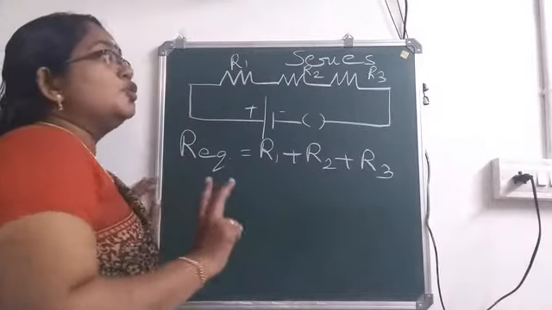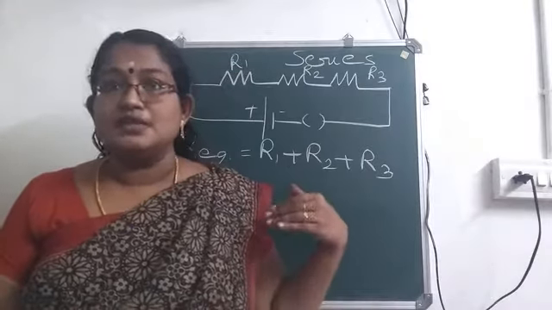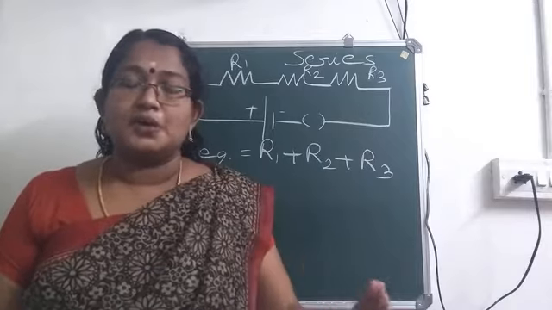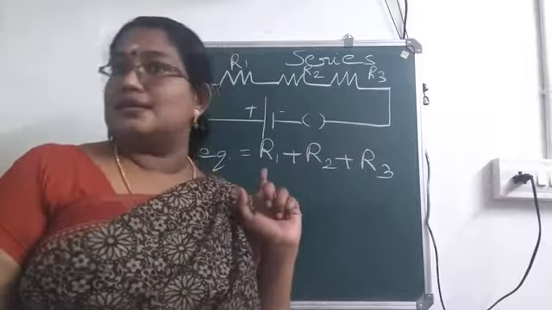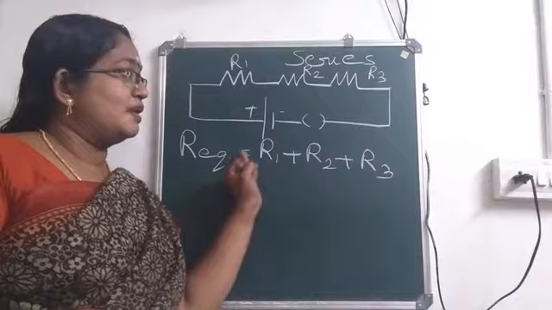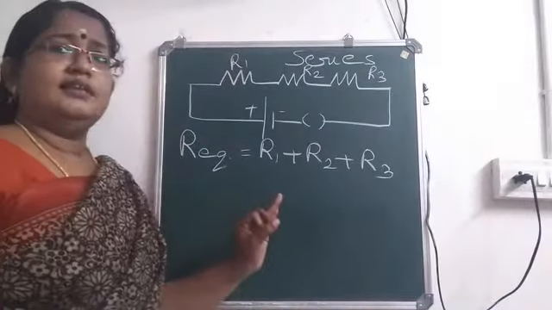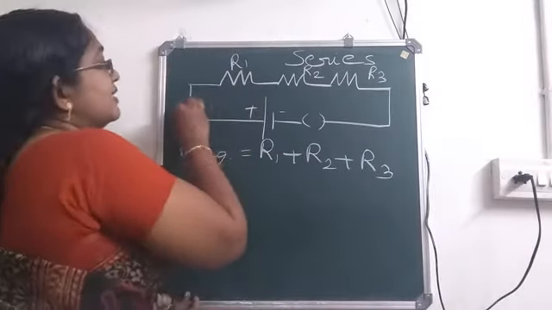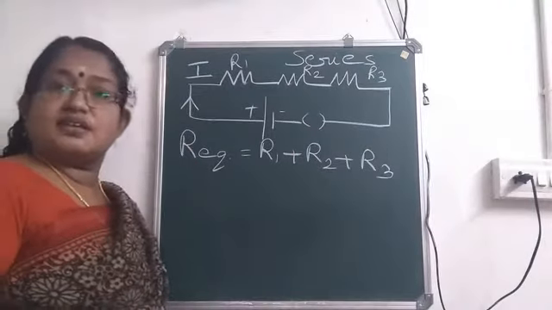Now, two more things you have to remember. We have the derivation for this, but this time it is removed from the syllabus, so no need to consider the derivation. But before doing the numericals, you should remember certain things. First thing is, in series connection, the total resistance will be the sum of the individual resistors. Second thing, when you are considering a series connection, the same current I will be flowing through each and every resistor.